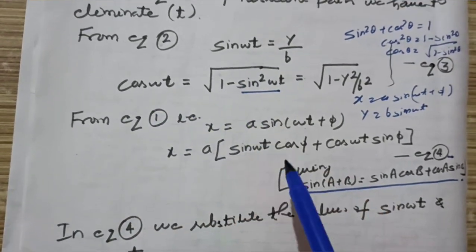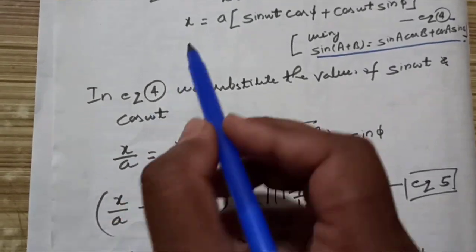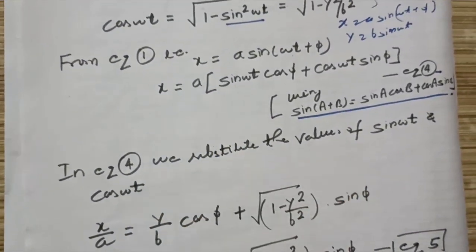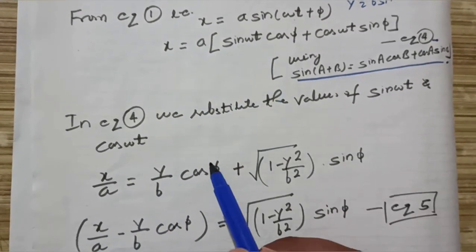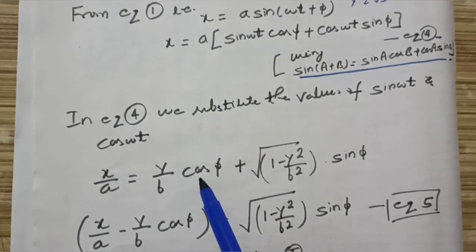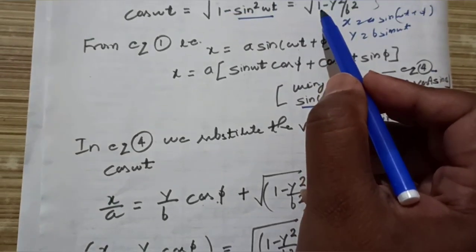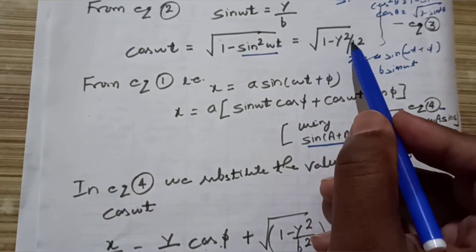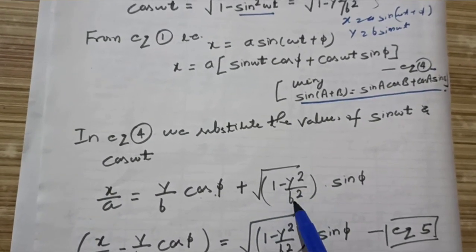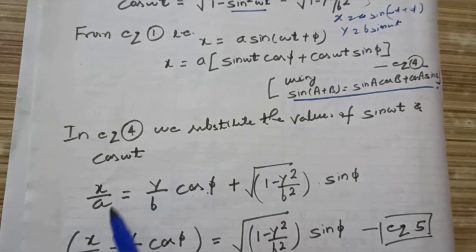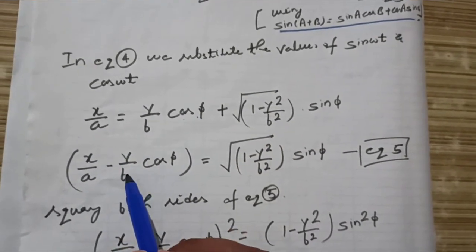We can just write x upon a equals y upon b, which is the value of sin omega t, times cos phi, plus cos omega t, whose value is the root of 1 minus y square upon b square, times sin phi. If we rearrange the terms, we will have x upon a minus y upon b cos phi.